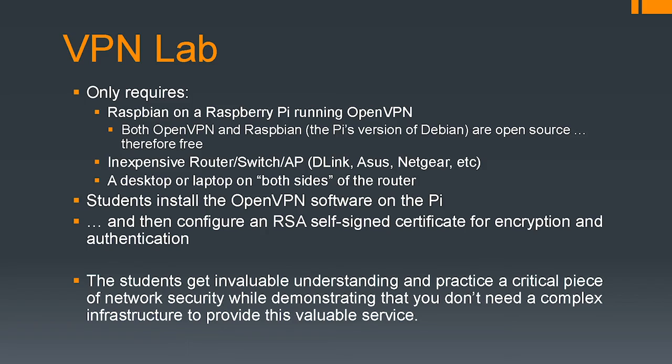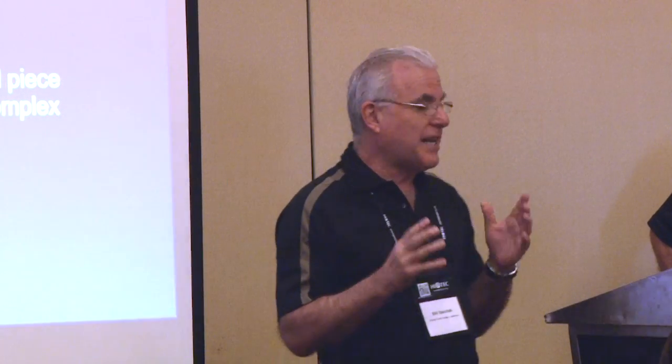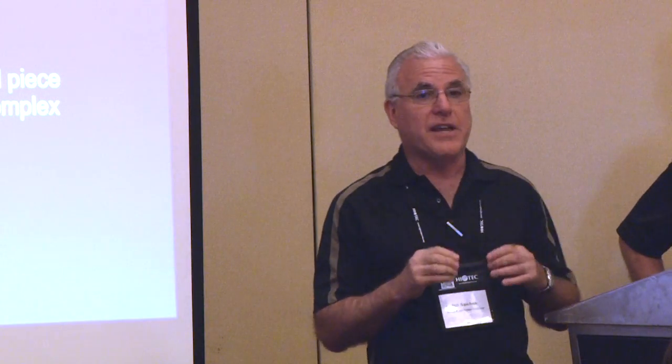Now, it actually takes my students longer to do the RSA certificate than to actually get the OpenVPN running. But what an opportunity. Now you're teaching them not just VPN, but certificate services. And again, it's all done on a Pi. So I think it's an excellent project, and it's something that we have written and we can make available.